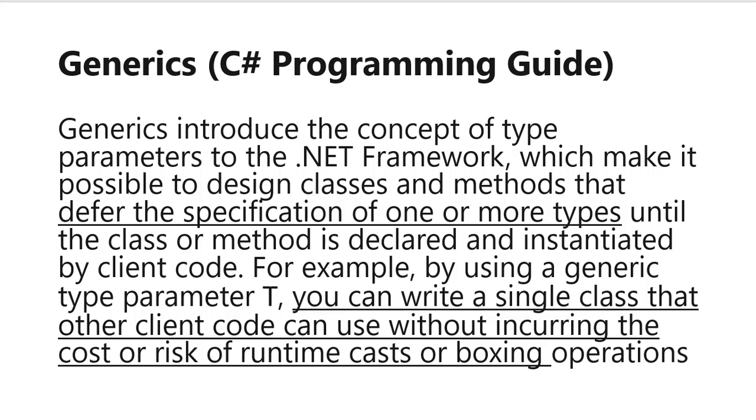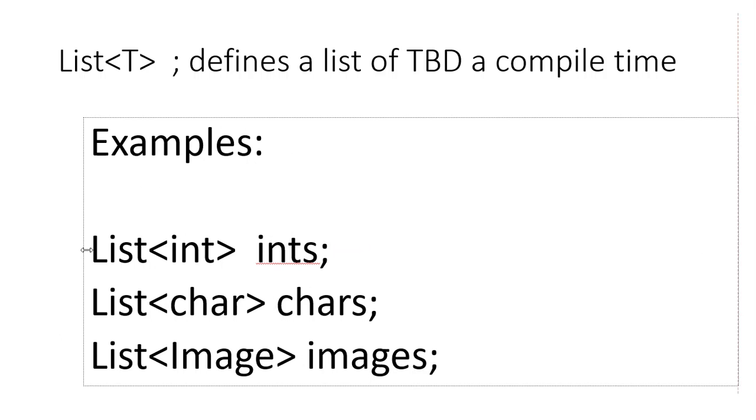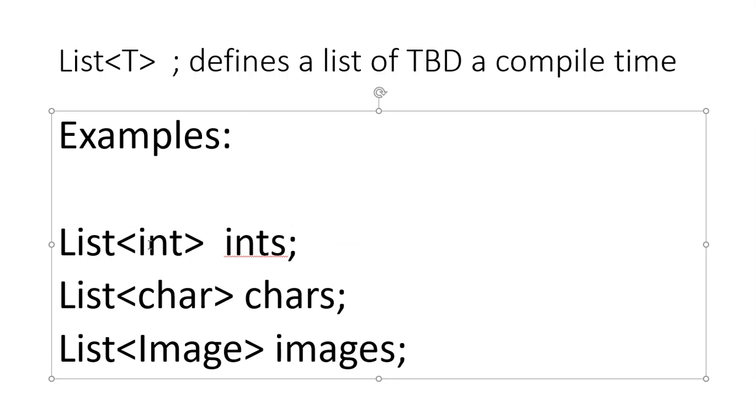So let's take a look at how we would instantiate a list, or how we would use the list class. The type T is just a placeholder for the type that we're going to specify when we use the list. Here we're creating a list of integers, and a list of characters, and a list of images. So you can see that we're still using the same list class, but inside of the angle brackets, we're supplying the type.